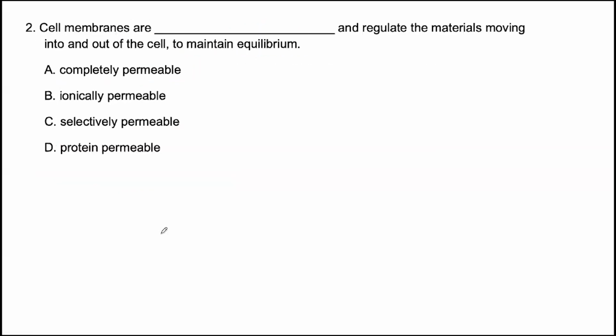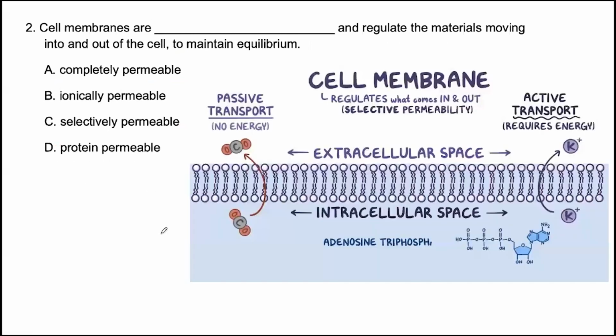Okay. Number 2, cell membranes are blank and regulate materials moving into and out of the cell to maintain equilibrium. So I briefly introduced this concept in the previous problem, right? But before moving forward, let's look at this diagram I pasted here. That's correct.